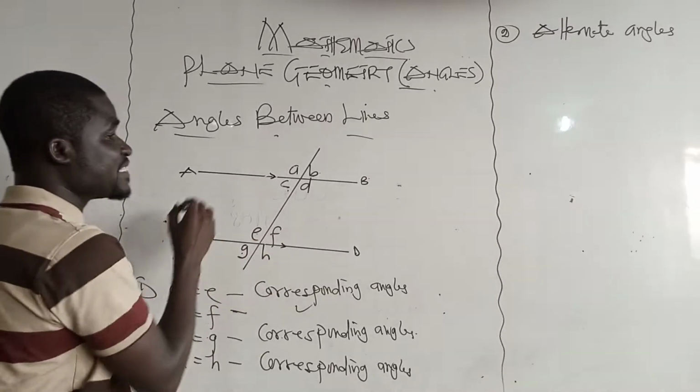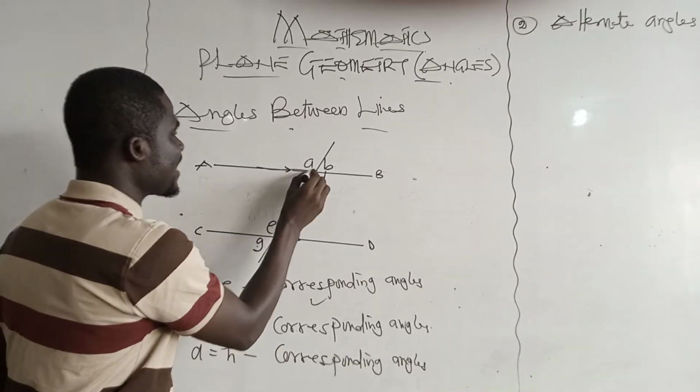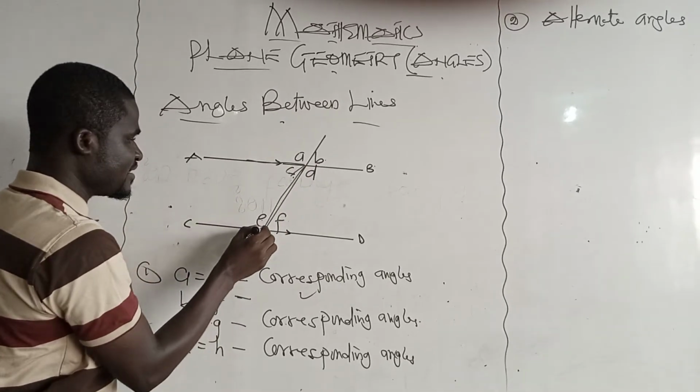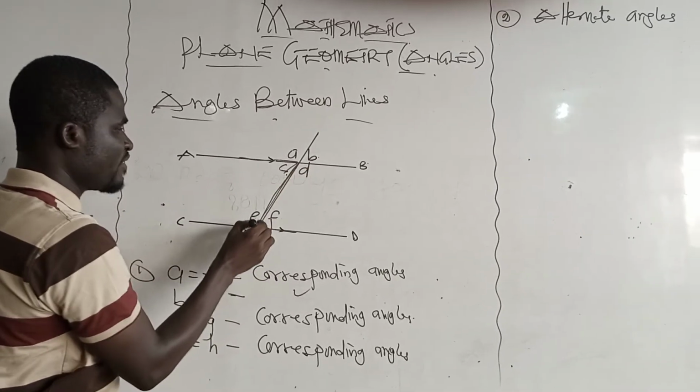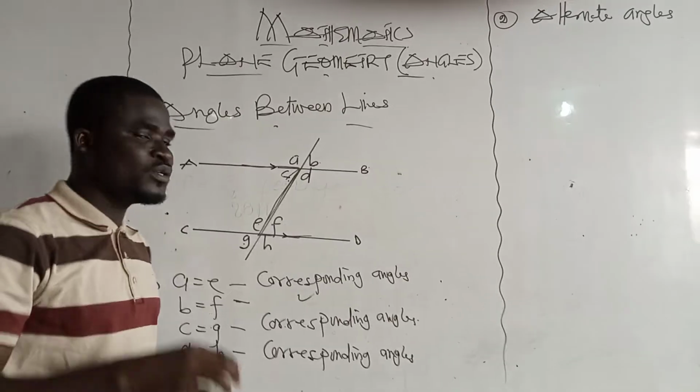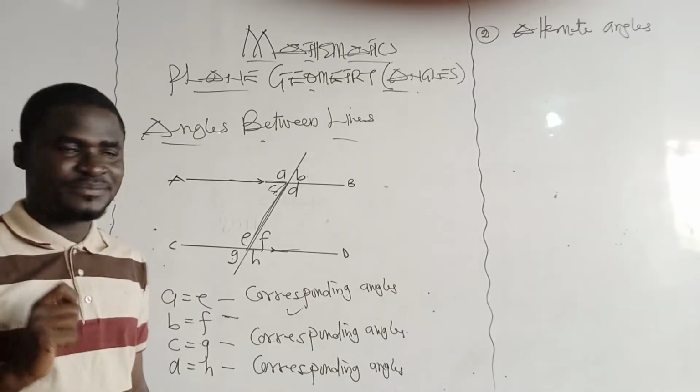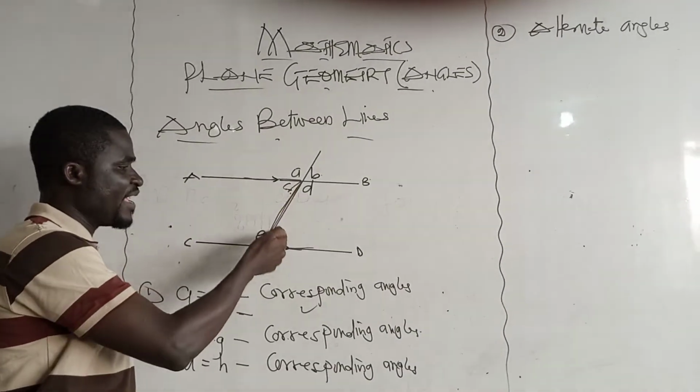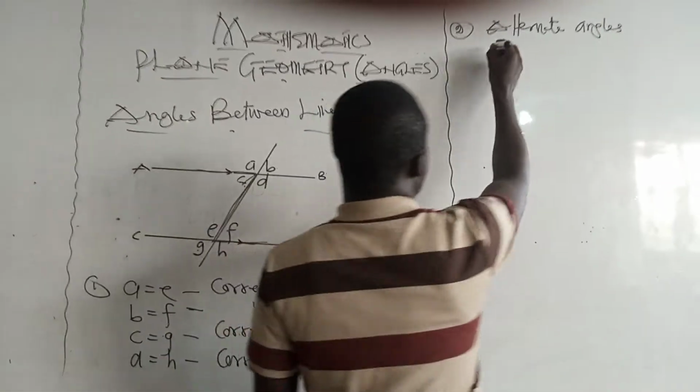Now, whenever you see Z, look here, I can see Z here, Z here. Yes, whenever you see Z, you will see alternate angles. So, C and F.